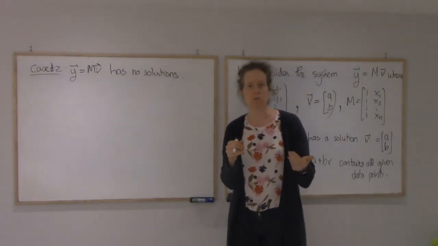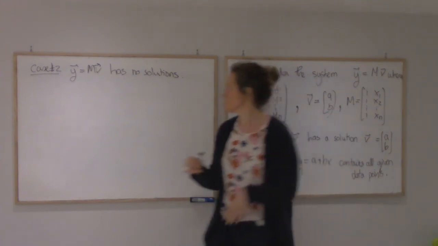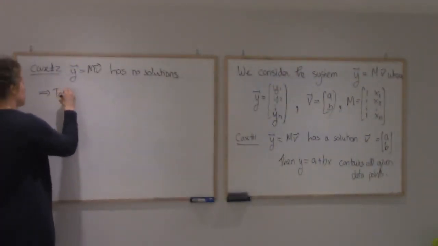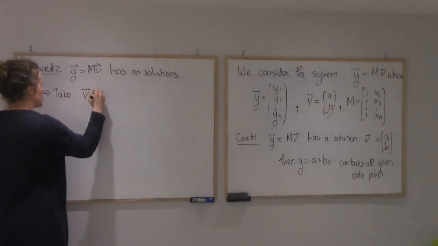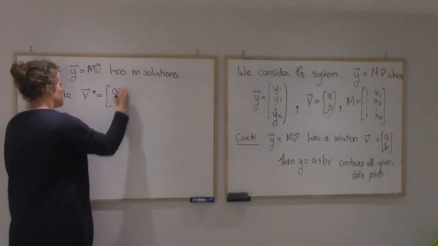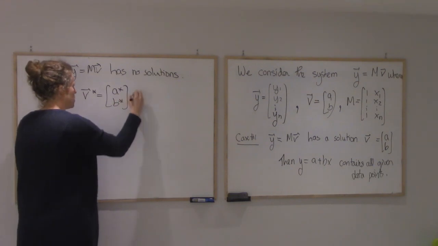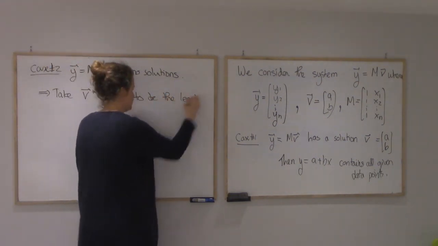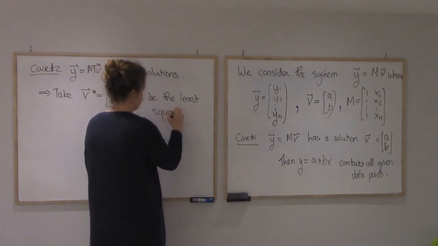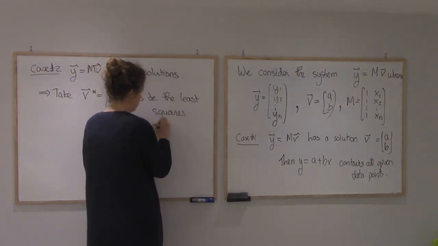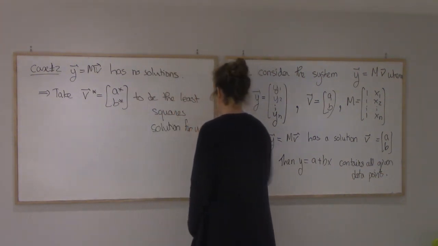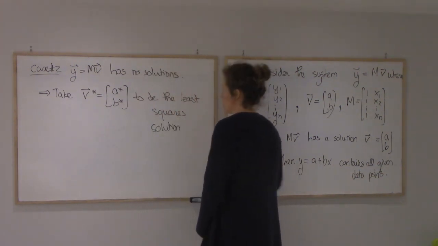Where we don't have a solution, we take the least squares solution.